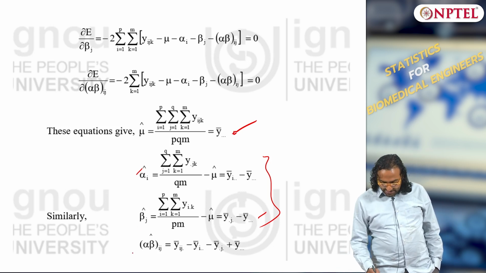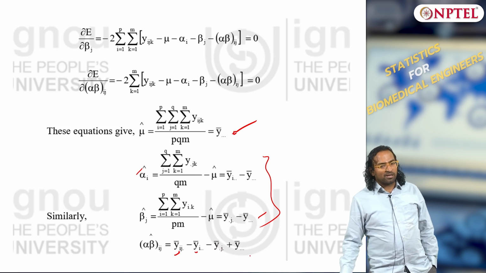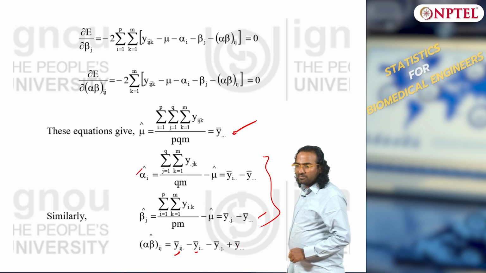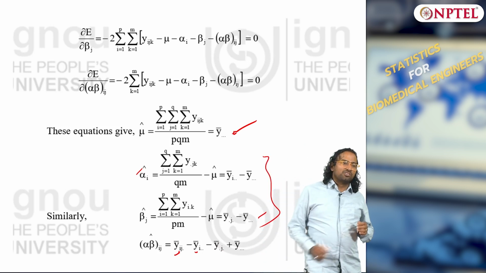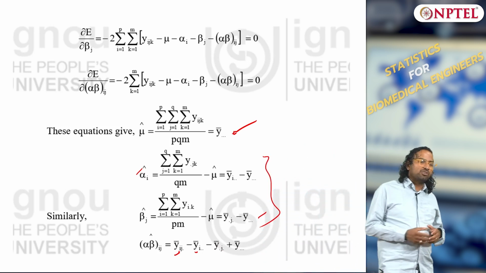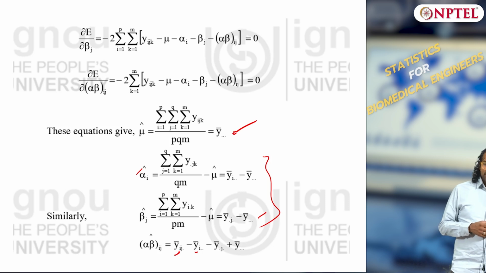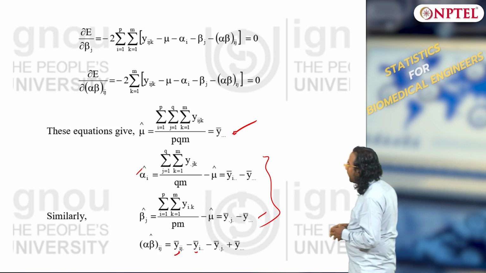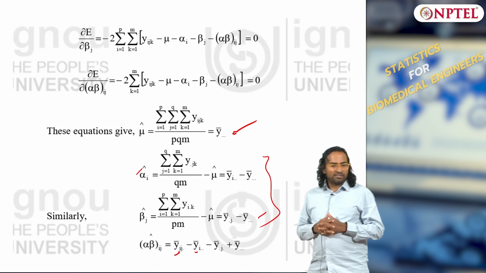Your interaction term is y bar ij dot minus y bar i dot dot minus y bar dot j dot plus y bar dot dot dot. This is something new, the interaction term. The other 2 are the same as your RCBD equations. So now we have an estimate for all the parameters.